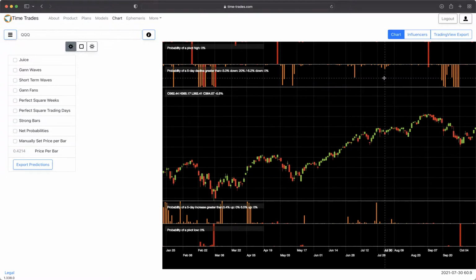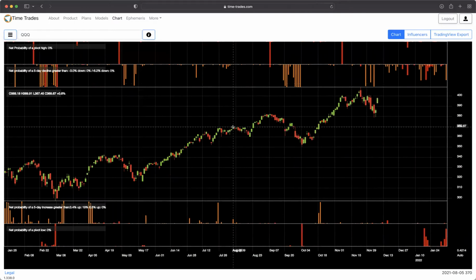Well, basically what it does is, if there's 2 probabilities that are contradictory, like say a probability of a move up on the same day as a probability of a move down, that can happen. What net probabilities does is it simply subtracts one from the other, and it nets it all out, so that there's a single net probability, and you don't have to do that in your head. So I almost always leave net probabilities on. Okay, so those are the major elements to the menu.